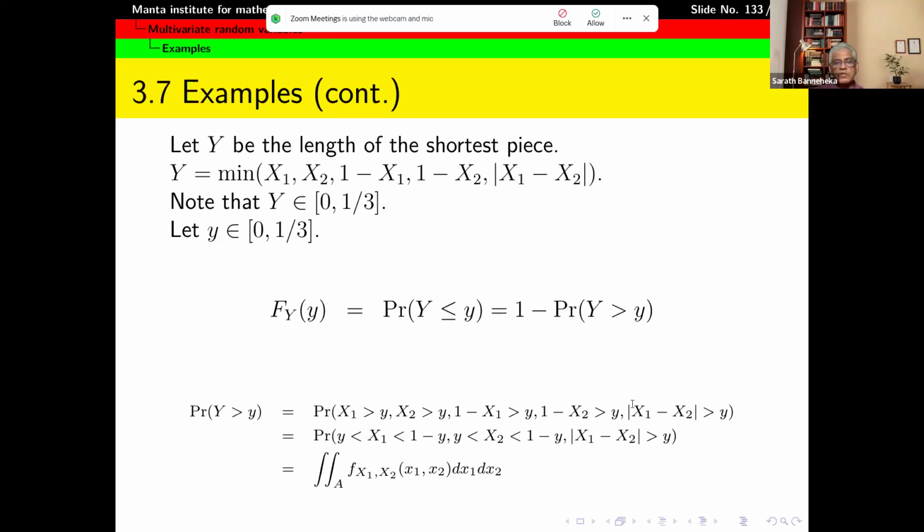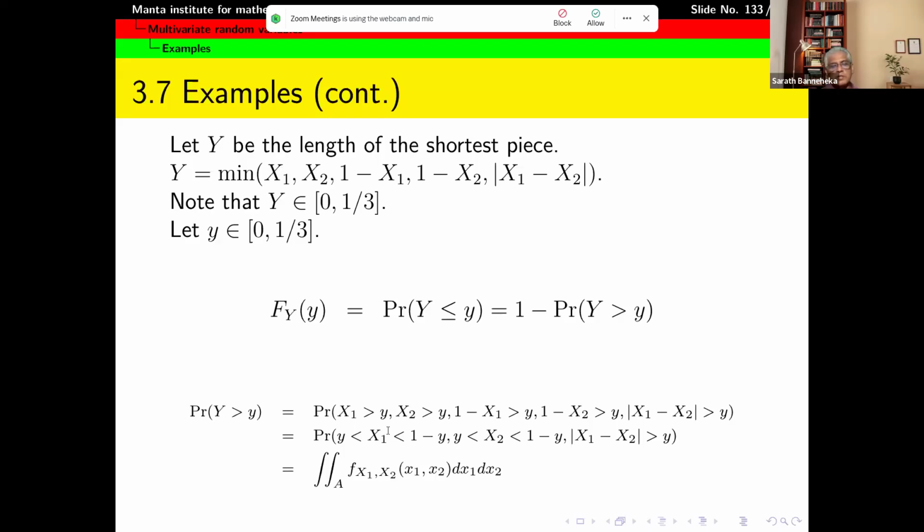So these several expressions can be reduced to these three events. Earlier I had 1, 2, 3, 4, 5, 6 events, but now it's the intersection of three events. So how do we get this probability?